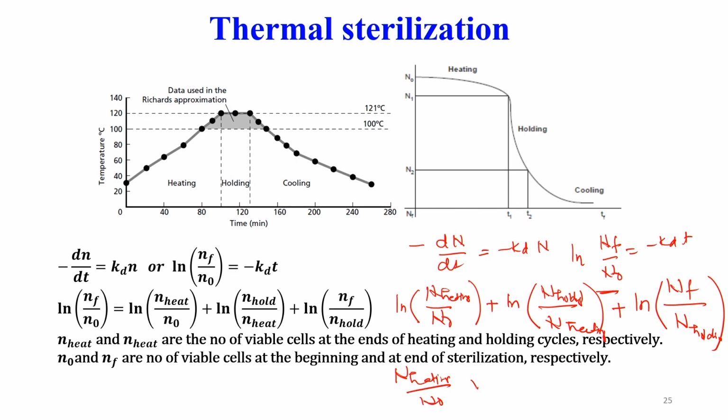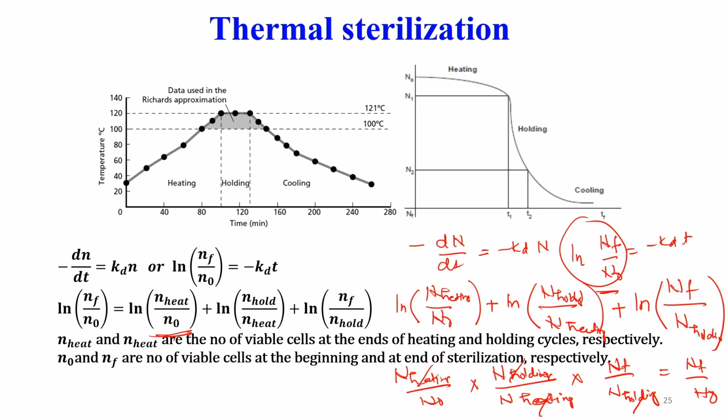Or you can quickly write it as N heating upon N0 into N holding upon N heating into Nf upon N holding. So, ultimately I will end up with Nf upon N0. This Nf upon N0 can be split into three different terms to calculate the time required for the heating, the time required for the holding, and the time required for the cooling.